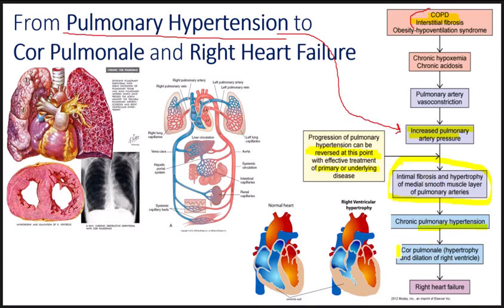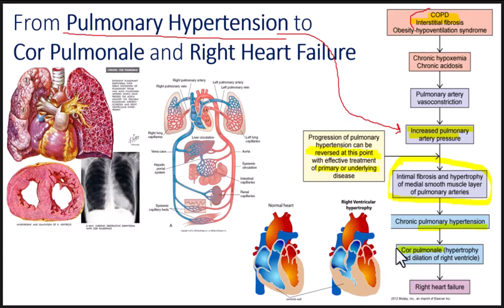And so this is where it can lead to, that is the chronic pulmonary hypertension, chronic high blood pressure within the pulmonary arteries. It can lead to what's called cor pulmonale. And I told you earlier that cor pulmonale and right heart failure are sometimes used interchangeably.